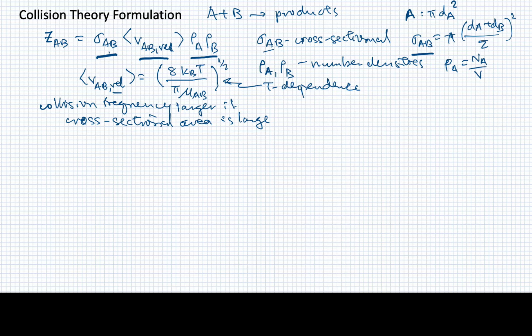So if sigma is larger, they should collide more frequently. It also is going to say that the frequency is larger if the molecules move faster, so if they have a higher average velocity. And that also makes sense. The faster things are moving, the more often they're going to run into each other. And it will also be greater if the molecules have greater concentration, in other words, if there's more of them around.